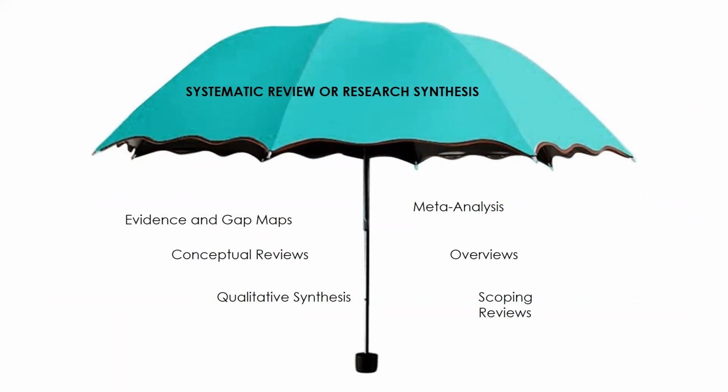We might use qualitative synthesis methods because we're interested in a question where we need to look at qualitative data. We might be interested in evidence and gap maps, understanding where the studies are that look at a given issue. Or we might be interested in meta-analysis. So meta-analysis is one way we might synthesize results from a set of systematic reviews, as Elaine has pointed out.